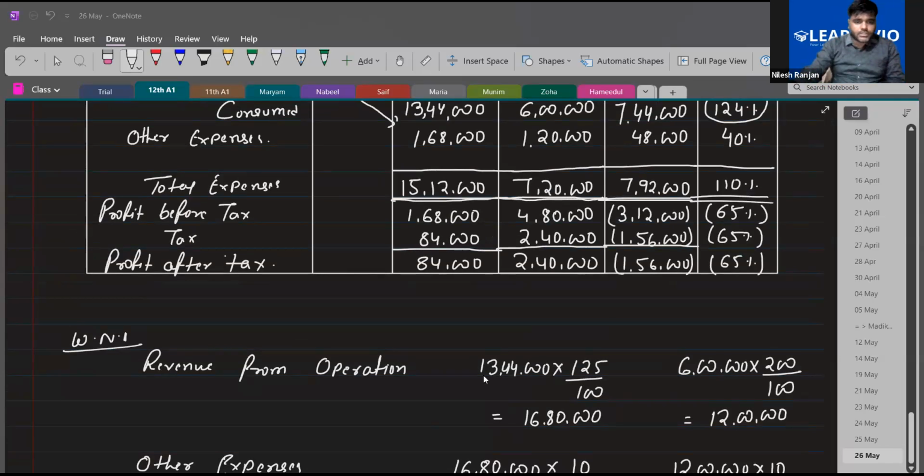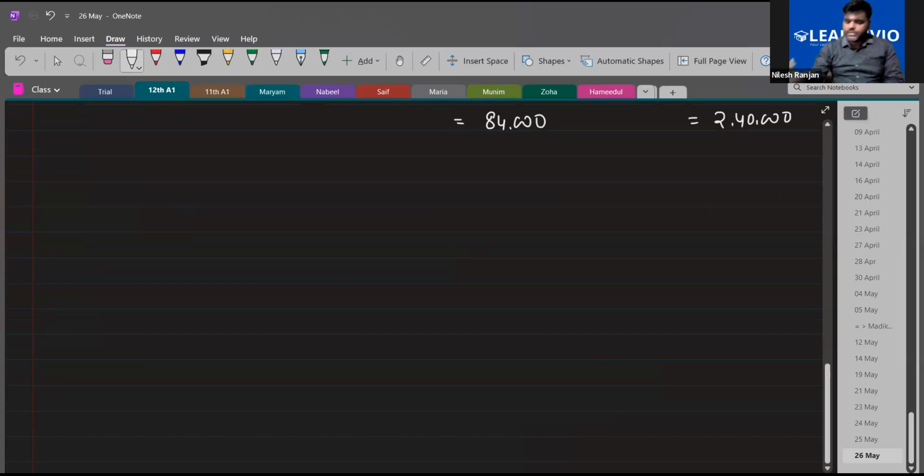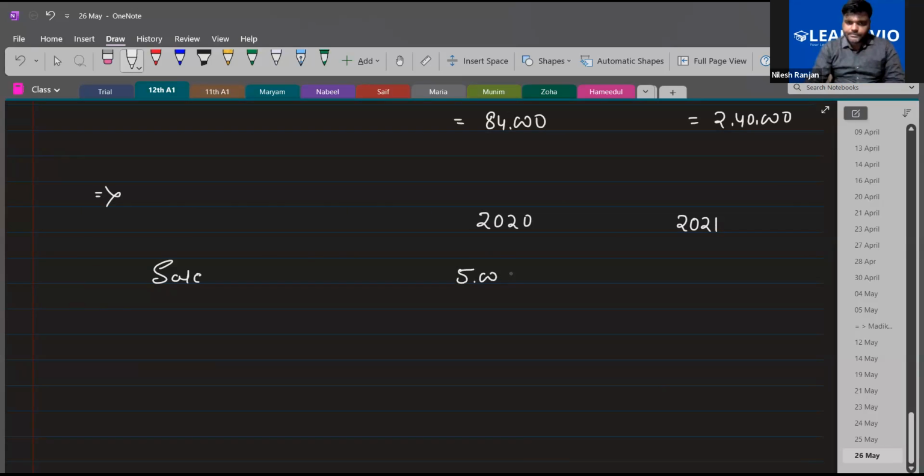First of all, why we prepare common size statement, it is important to know. So let's say that in 2020 and 2021, sale is 5 lakh and here it is 10 lakh.